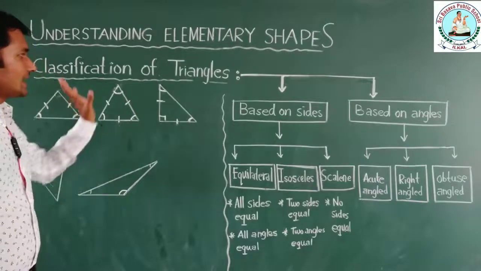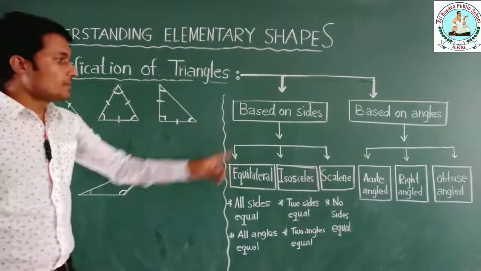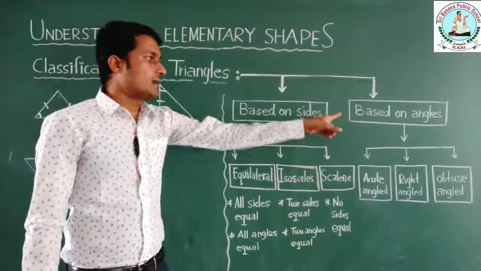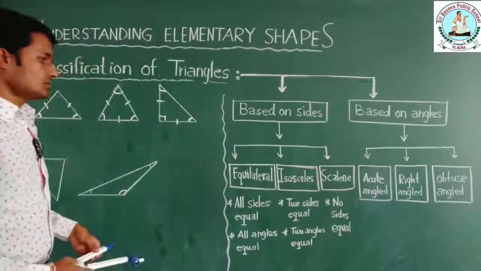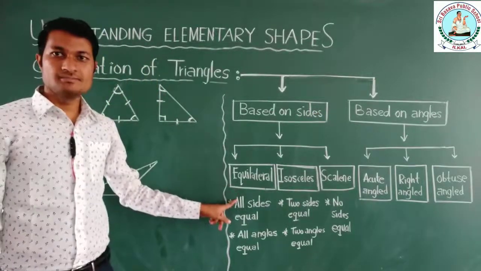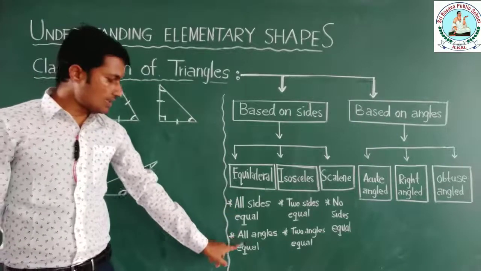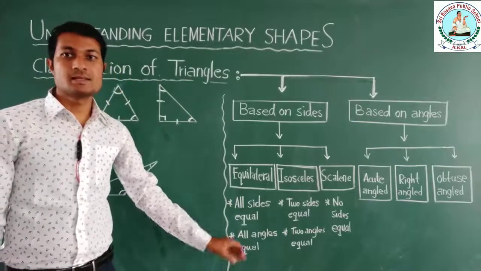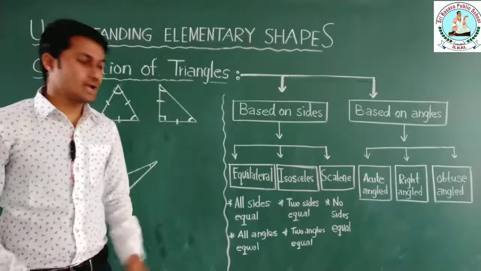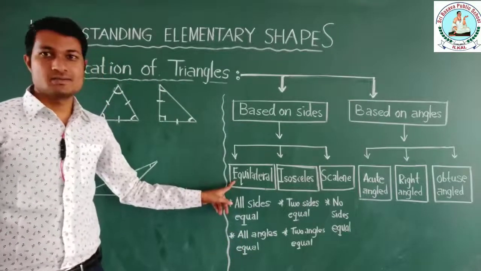Now let us begin the classification based on sides and based on angles. In a triangle, if all the sides are equal and all the angles are equal, then such a type of triangle is called equilateral.